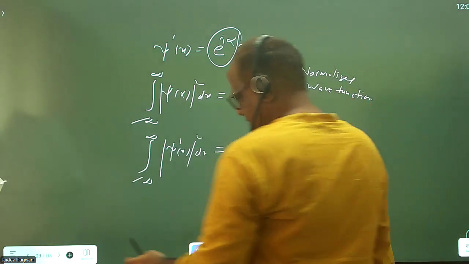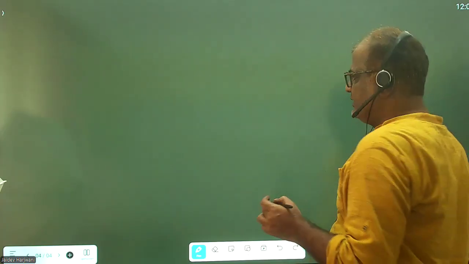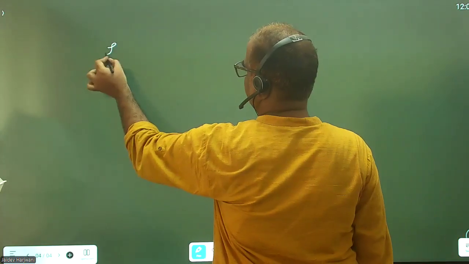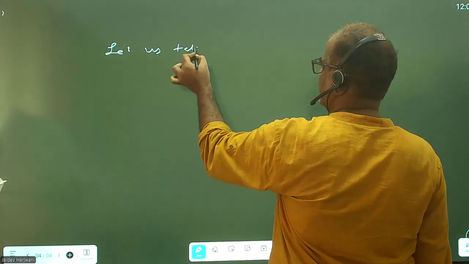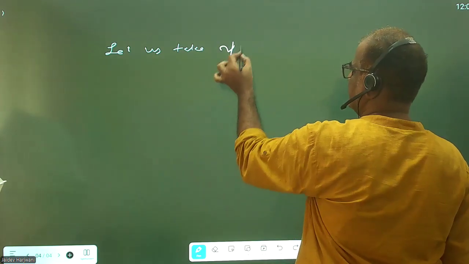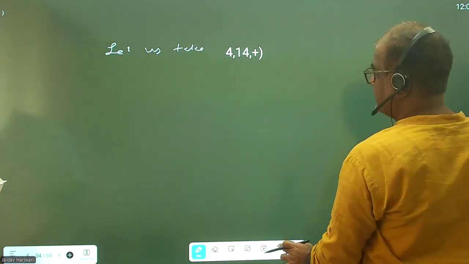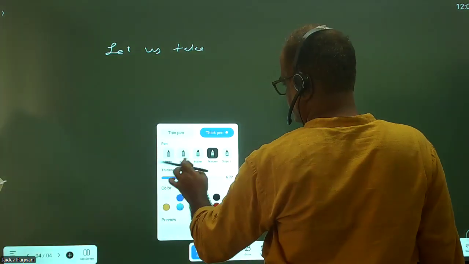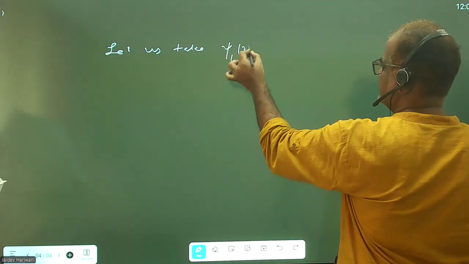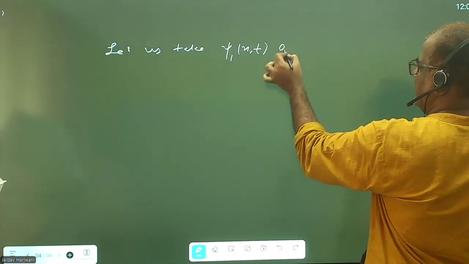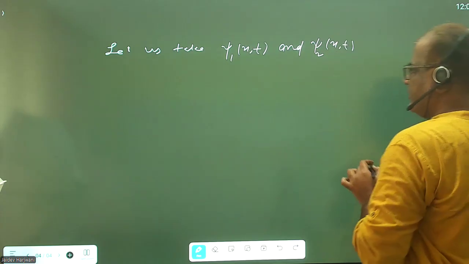Now let us go one step further. Let us take two functions which are normalized, psi1 x t and psi2 x t, and both are normalized.